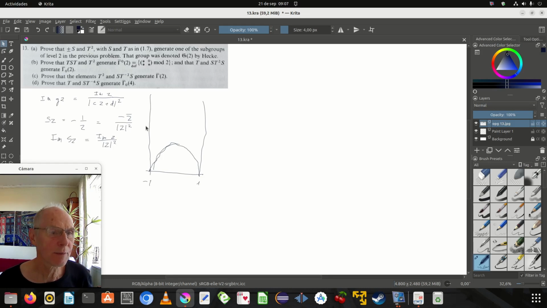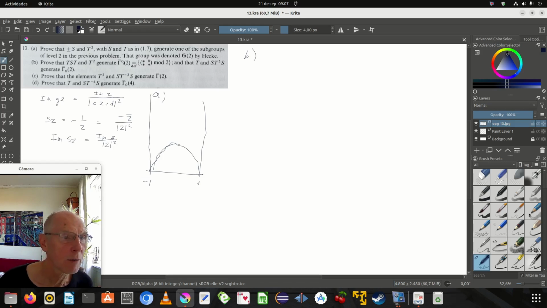And that means that by some element in the group generated by S and T, we can move it into here, and we're home. That was A. So we had to shuffle a little around with the fundamental domain. So let's go to B.